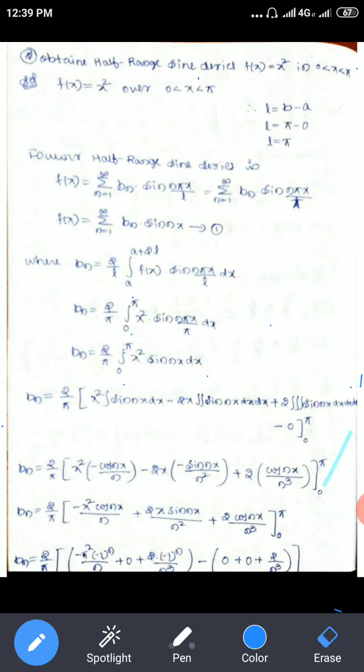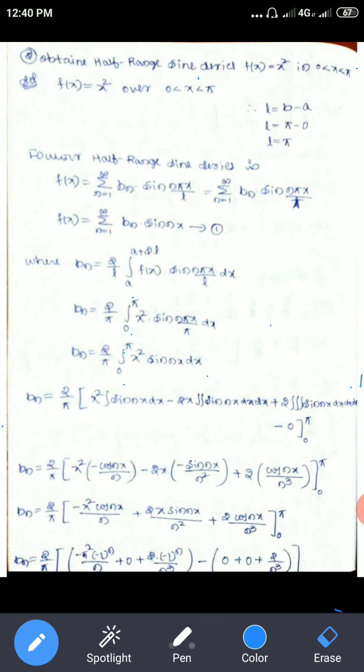Therefore minus x square cos nx divided by n, plus 2x sine of nx divided by n square, plus 2 into cos of nx divided by n cube. So I have simplified all the things here, just see the steps.